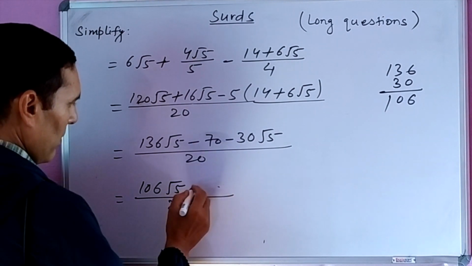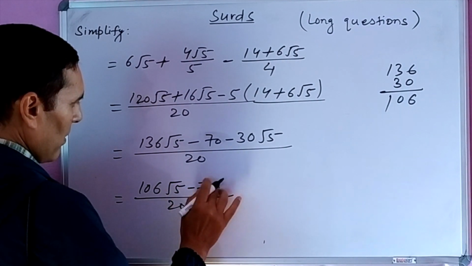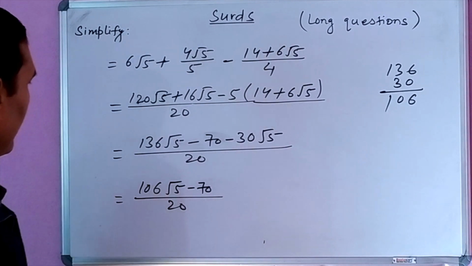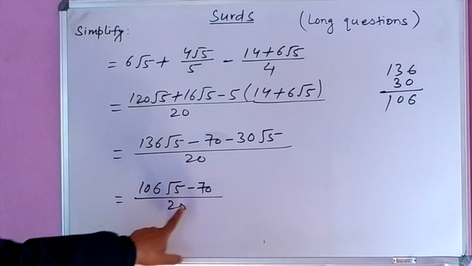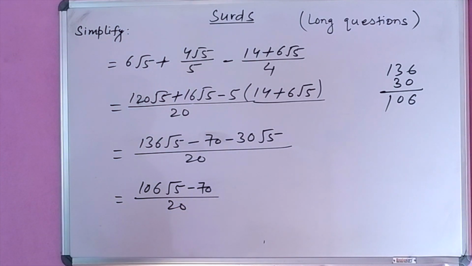So, what is common here? 106 and 70, I think 2 is common.